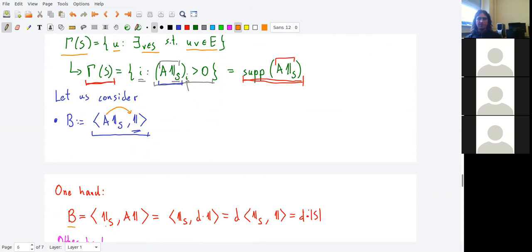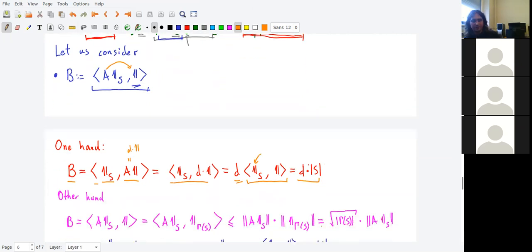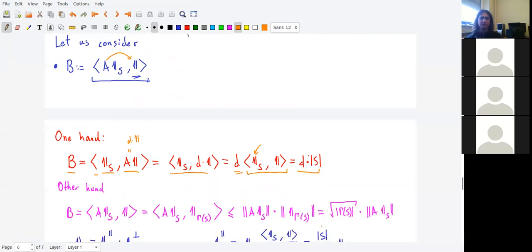So B is equal to the ones on S times A times 1. We have actually seen this argument already before. A times 1 is simply d times 1, because the graph is d-regular. I can put d in front, and this scalar product just counts the number of ones in the vector of ones on S. So I get simply d times the cardinality. Okay, so on one hand, B is equal to a very understandable value: d times the size of S.